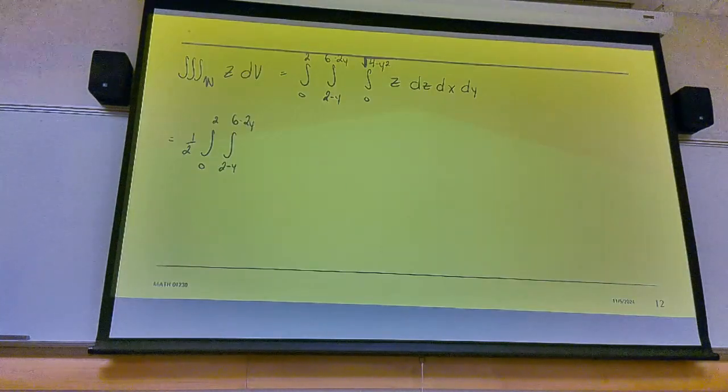That's going to be z squared from 0 to root 4 minus y squared. That's just 4 minus y squared, isn't it? That's nice. Oh, there's no x, so that's easy to do.